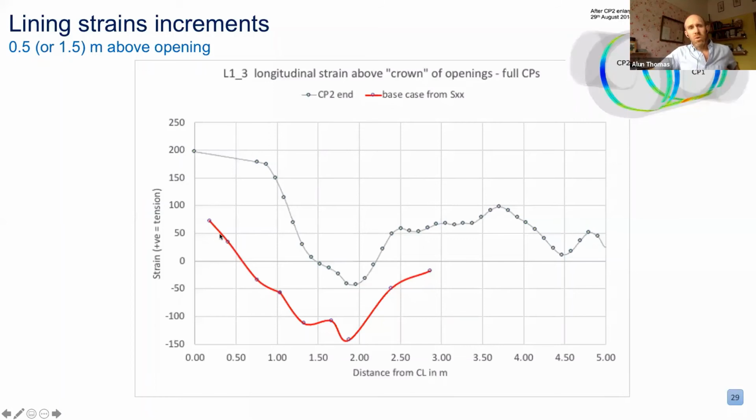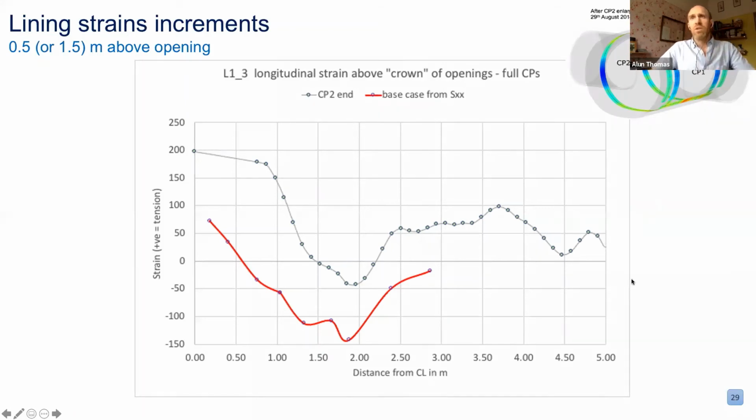And you can see below the base case results. And that reflects, although admittedly this is a work in progress, I believe a lot of the bending. So you can see there's a tensile change in the strain, which would be consistent with a sagging bending behaviour in the crown here. And the model shows the same pattern, albeit with slightly different magnitude.